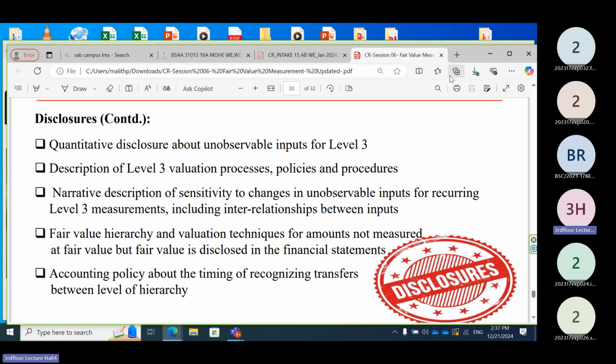And then interrelationship. If you are using three unobservable inputs and one of them changes, is there any impact on the other inputs? You need to mention that as well. So sensitivity analysis of unobservable inputs is a really important disclosure. We want to see that in the annual report.